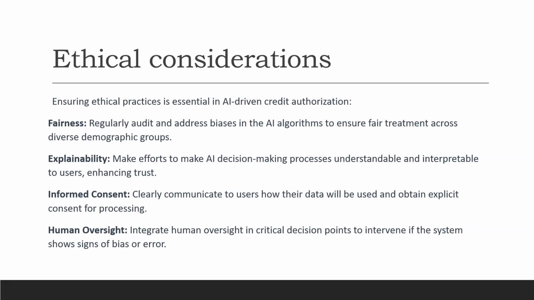Explainability: make efforts to make artificial intelligence decision-making processes understandable and interpretable to users, enhancing trust. This is very important. Then the informed consent: clearly communicate to users how their data will be used and obtain explicit consent for processing. And finally, the human oversight: integrate human oversight in critical decision points to intervene if the system shows signs of bias or, of course, error.